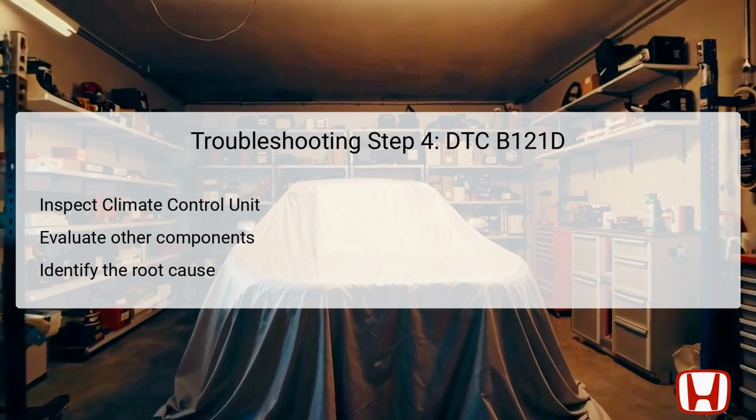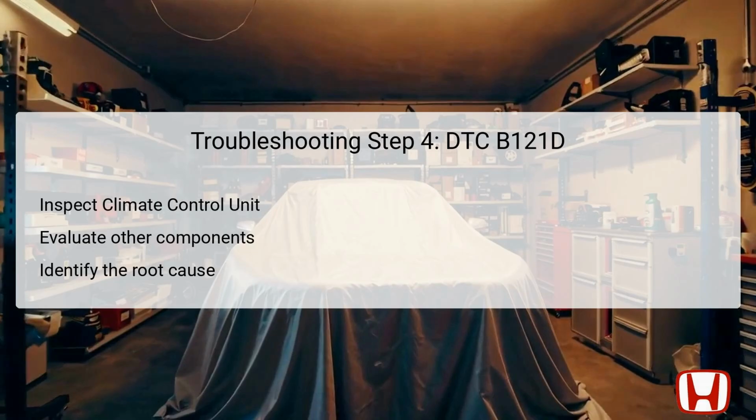Finally, if previous inspections pass as normal and the DTC remains undefined, the next logical step is to inspect the climate control unit. This component is pivotal for interpreting data provided by the humidity sensor. If it is found to be the source of the issue, it may require repair or replacement. Evaluate other components that might have been explored during earlier steps to determine if they are functioning as intended.